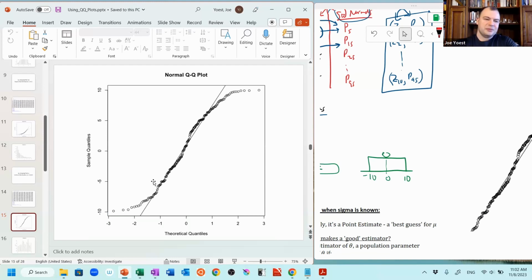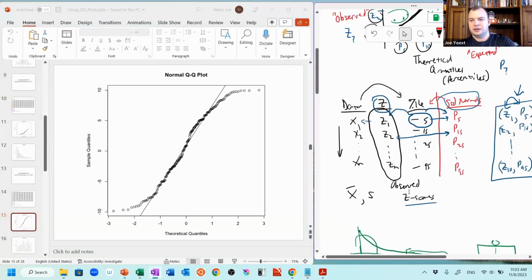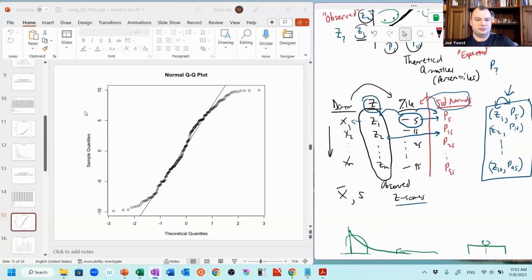One note that I should point out is that when it's saying sample quantiles here, R is not doing the z-score thing from the data. It's just using the data itself, which is why we see that the sample quantiles are like -10 to 10.